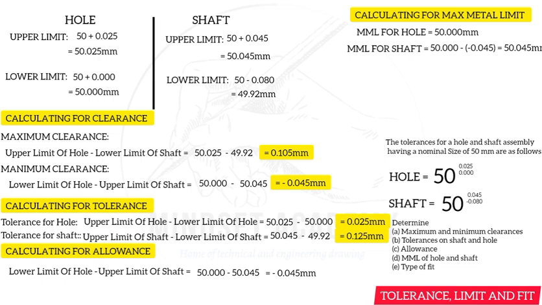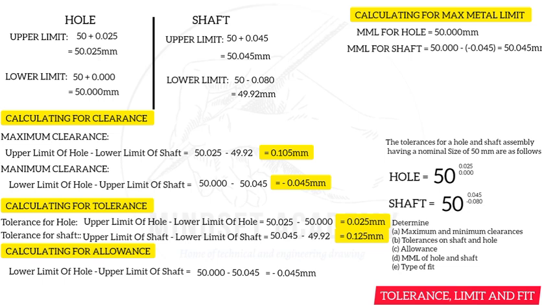That means the shaft is smaller and the hole is bigger. So the upper limit of the shaft, that is the outer diameter of the shaft, is less than the inner diameter of the hole. There will be a clearance because the shaft is smaller than the hole, so it will be able to go through.